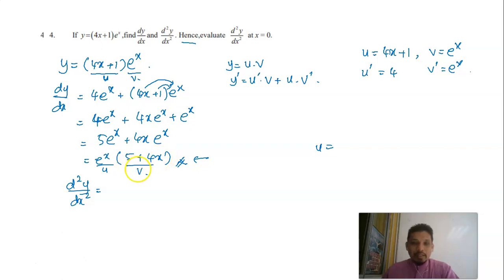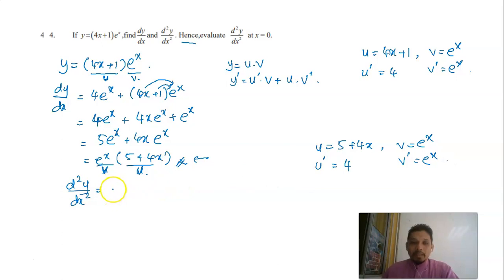So if I define u equal to 5 plus 4x, and v equal to e to the power of x, then u prime equal to, differentiate 5 plus 4x, again 4, and v prime equal to e to the power of x.